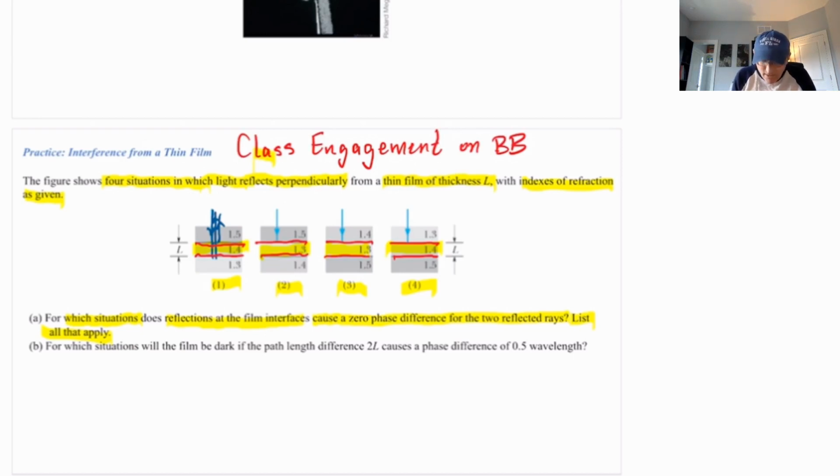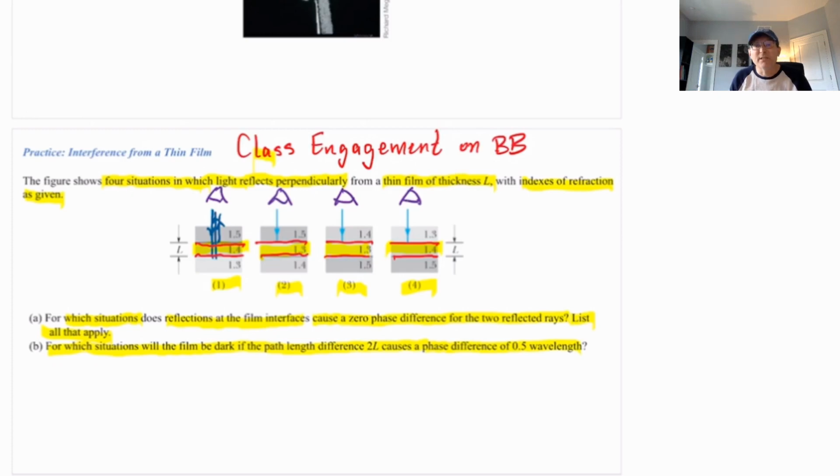And then B, for which of the 4 situations will the film be dark? Our observers up here above, looking down, in each case. Okay? For which situations will the film be dark if the path length difference 2L causes a phase difference of 0.5 wavelength?